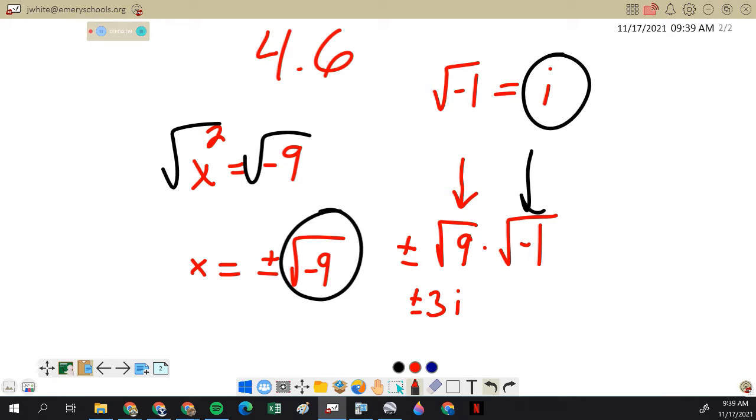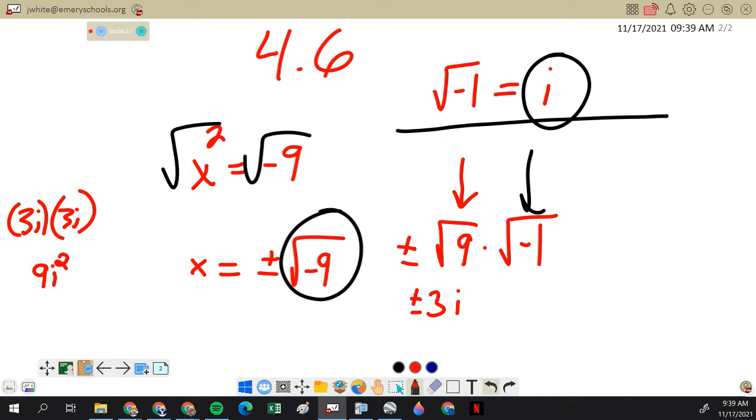3i. Now, let's see if that's actually true. Let's do 3i times 3i. Well, that would give me what? 9i squared. Well, what is i squared? This is a little bit tricky, but if I come over here to this equation and I square the right side, then I have to square the left side. And what is a square root squared?